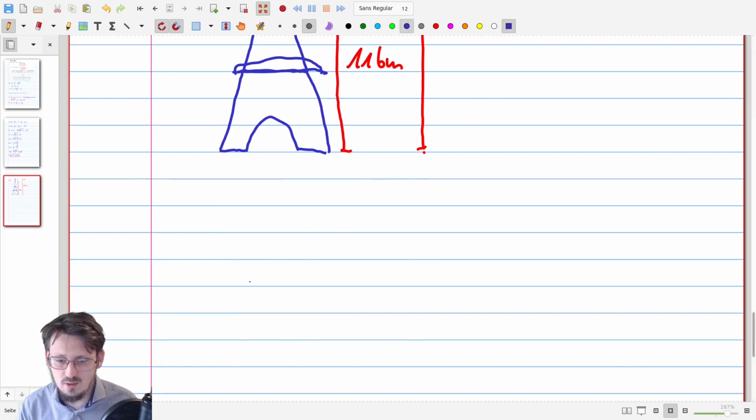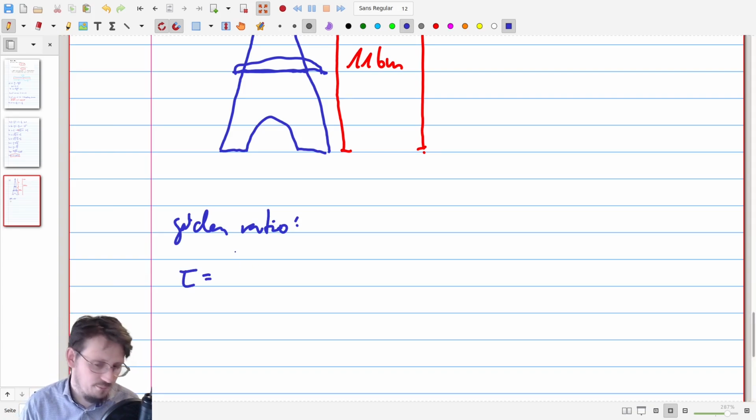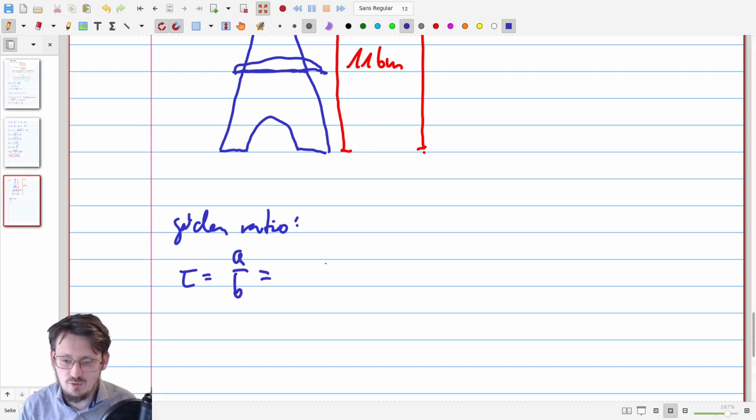So now we can calculate our golden ratio. Let's call it again tau, which is, as we have defined it before, A over B. And as I said, A is not known, but we know the full length.